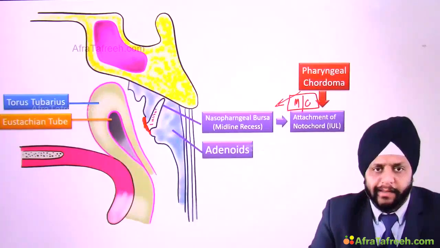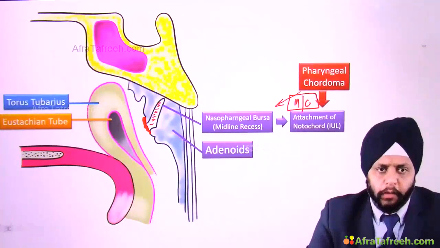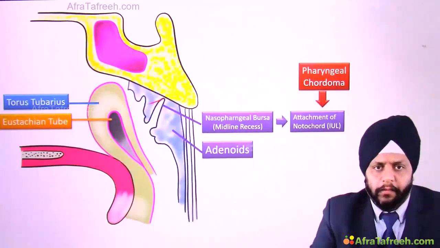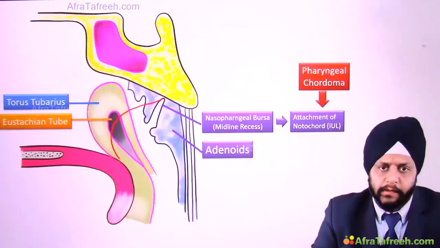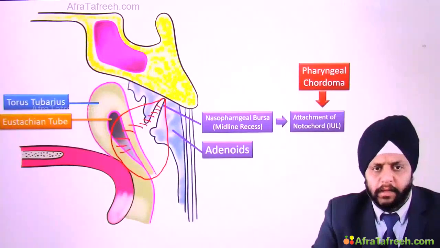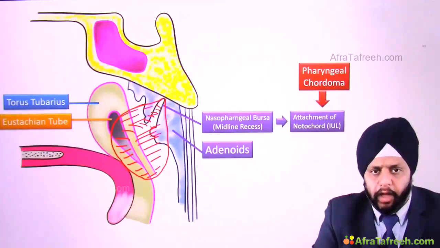The secretions inside the bursa start getting collected. Because of this collection of secretions, there may be formation of a cyst-like mass over here, and this may block the nasopharynx.